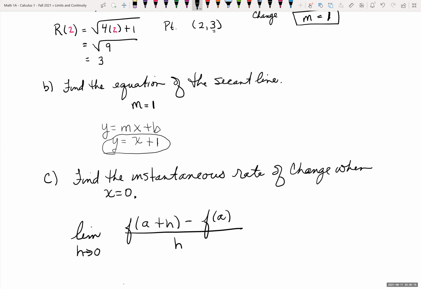Okay, so our a value in this case, this is what we're trying to find, the instantaneous rate of change at what value. And in our case, my a value is equal to 0.